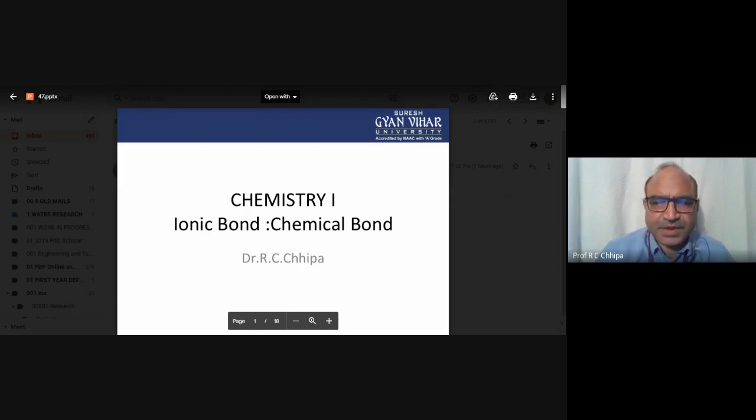Whereas in the case of the covalent bond, the electrons are shared. So one electron of one atom and one electron of another atom, so there is sharing of electrons, and that is covalent bonding.